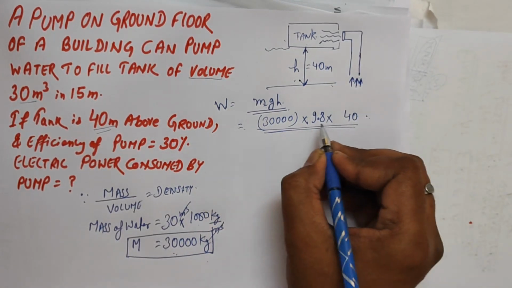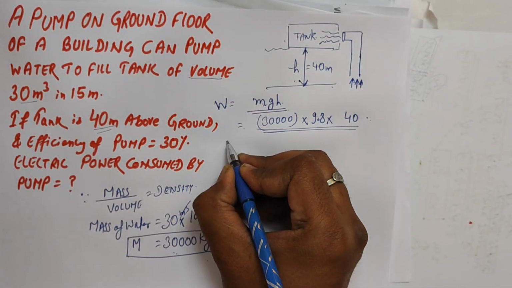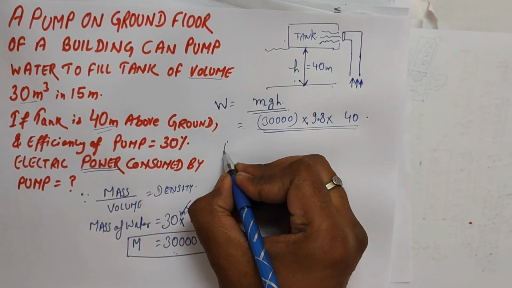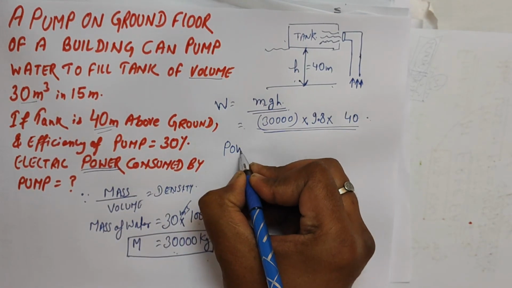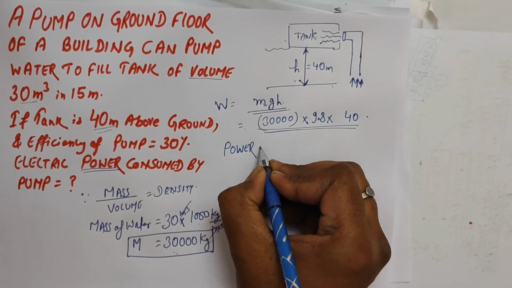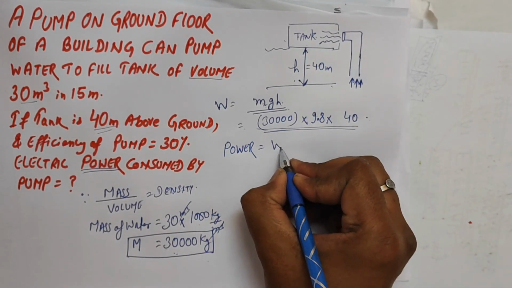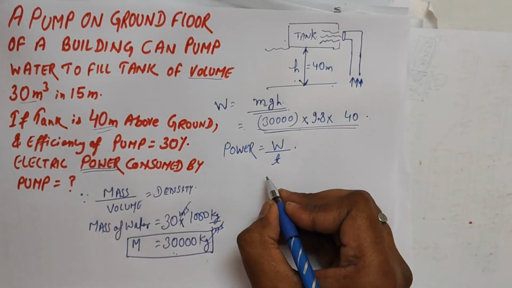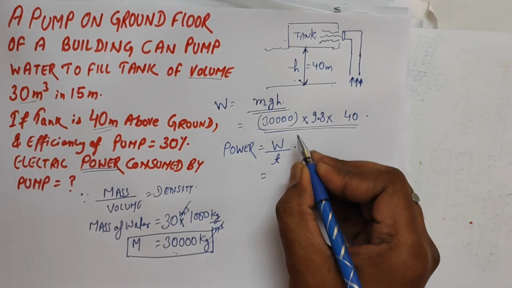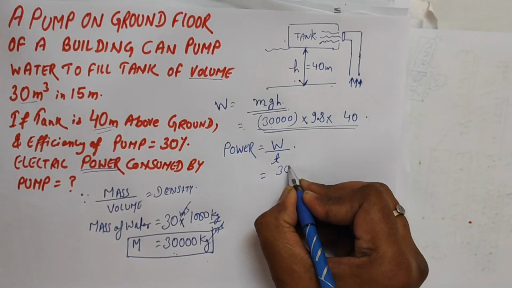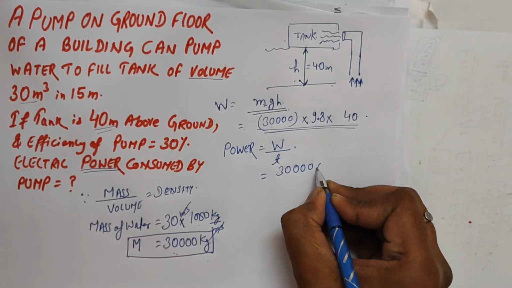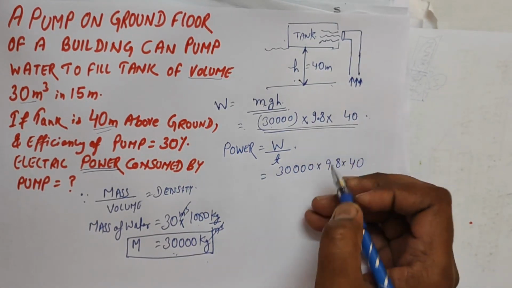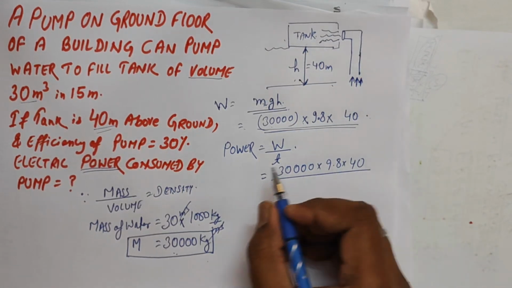Now, this is the work done, and we know that it's asking for the power. So, power of a pump is work done per unit time. So power can be calculated as, just put the value we have calculated, 30,000 into 9.8 into 40, divided by time.